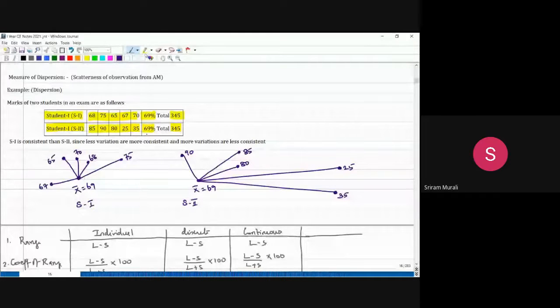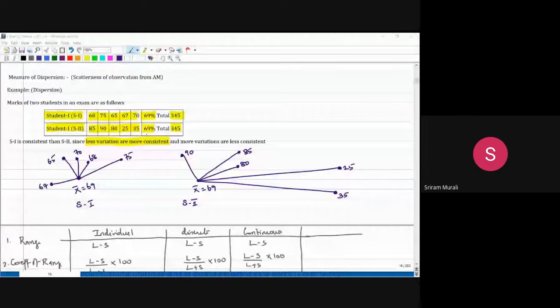So between the two students, less variation means more consistent. Student 1 should be more consistent than student 2, because less variation is more consistent, more variation is less consistent. That is the main significance of dispersion. Have you understood what dispersion is?